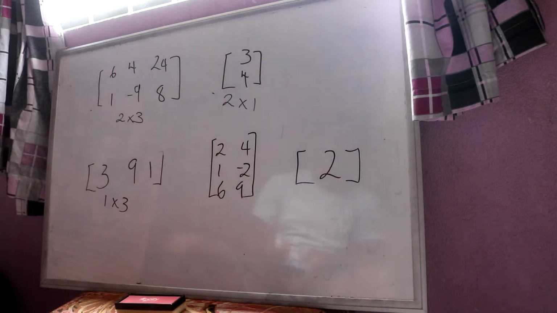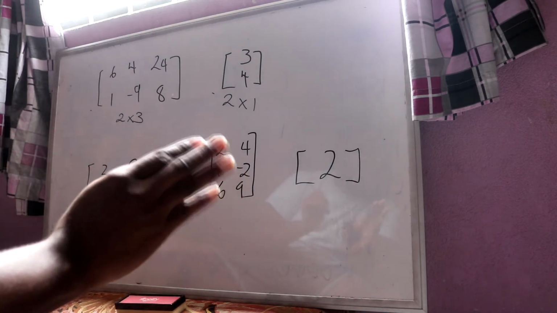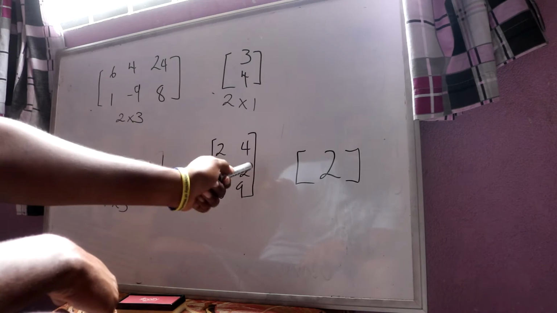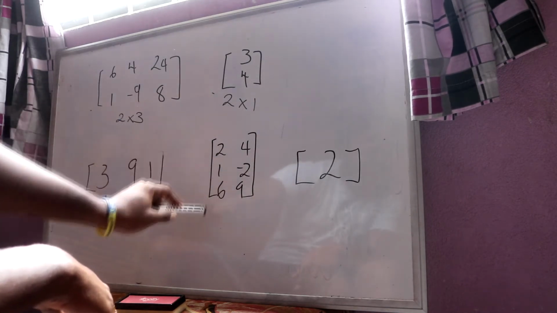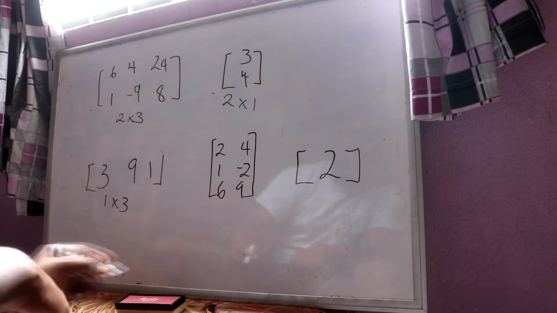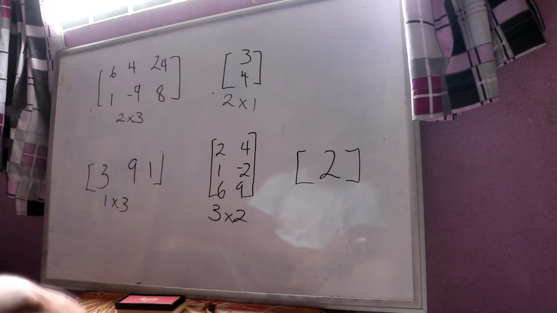Okay, we're now on this one. How many rows? I want you to guess. 1, 2, 3 rows. How many columns? 1, 2. So this would be a 3 by 2 matrix.